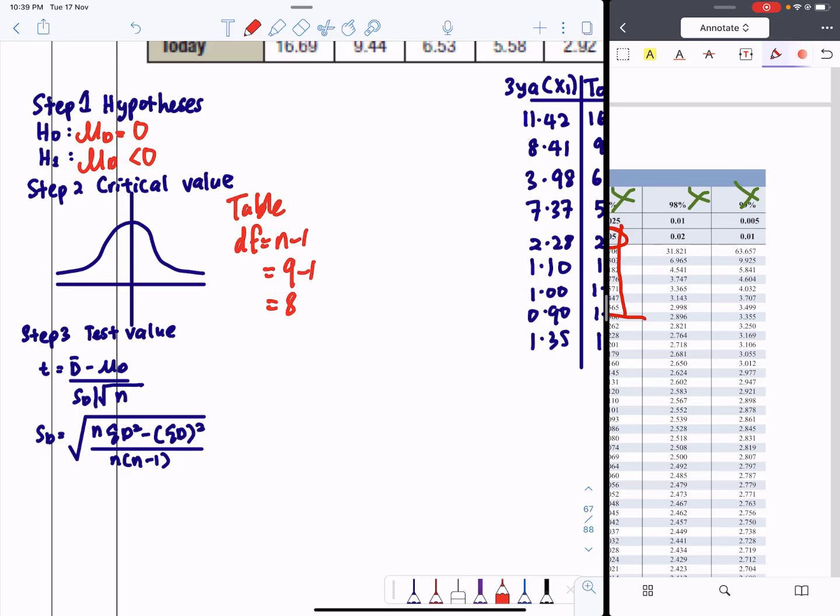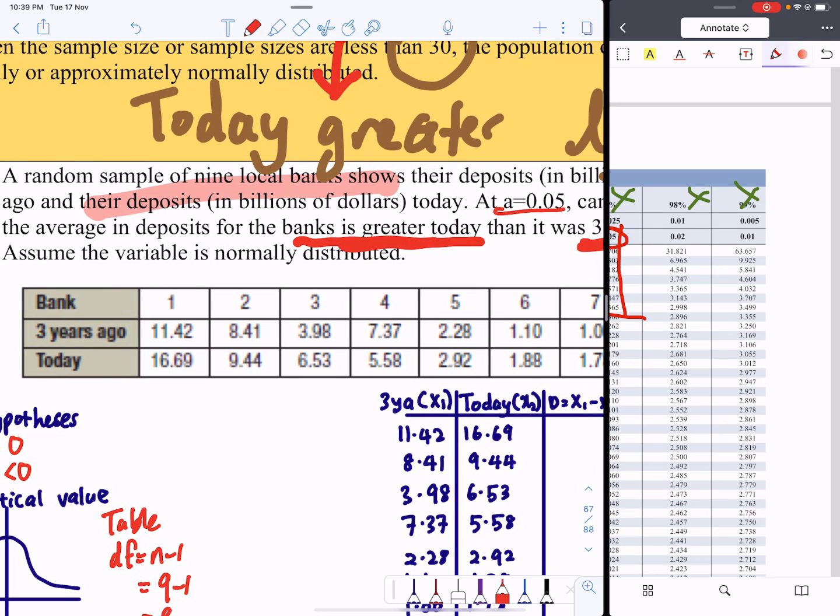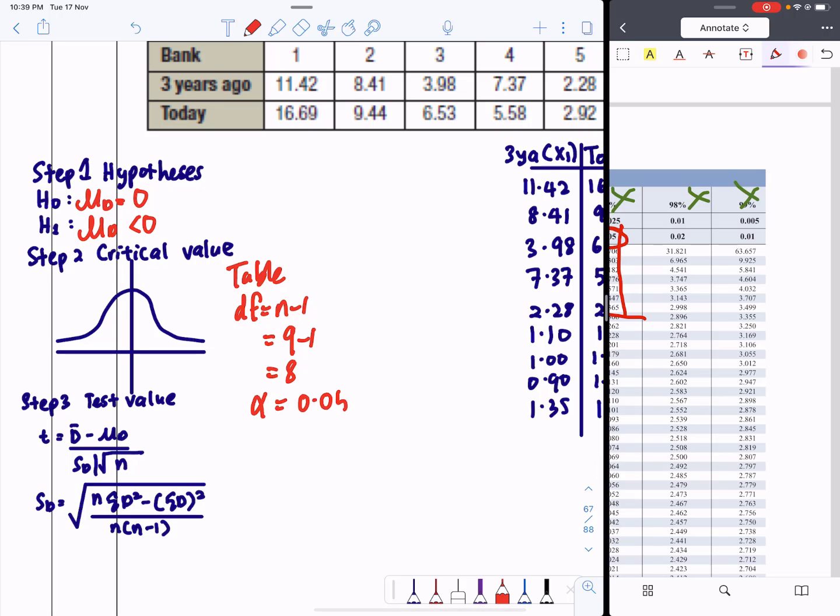And then we have the alpha equals to 0.05. This one is one tail, because this one is at the left. If it is smaller, then it will be on the left lah.